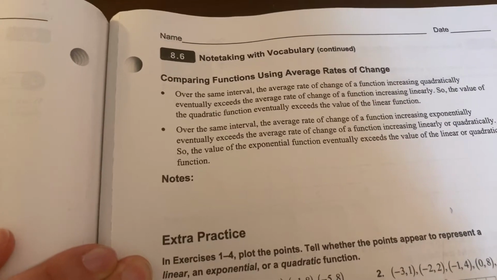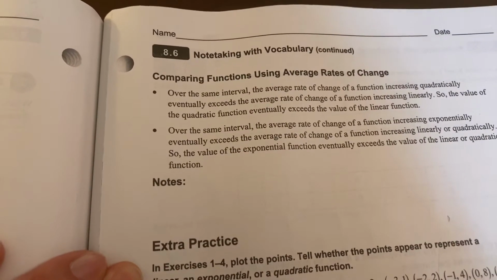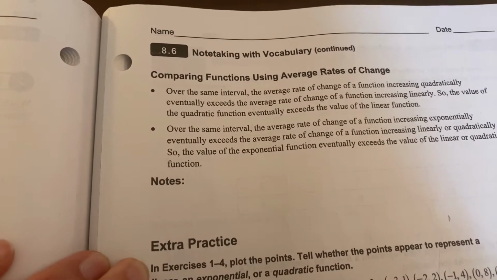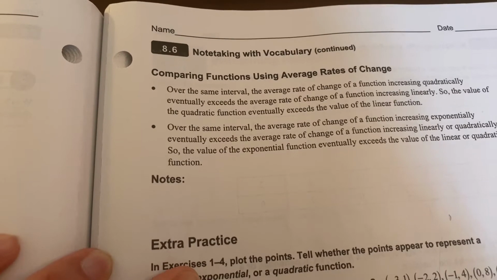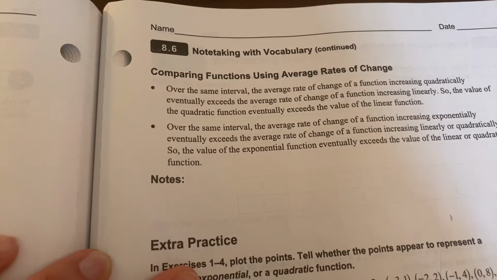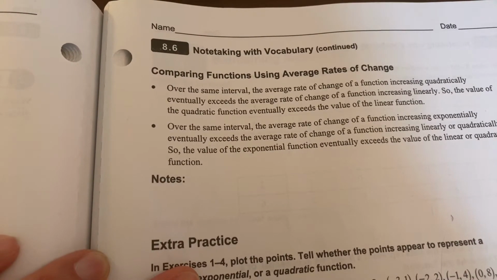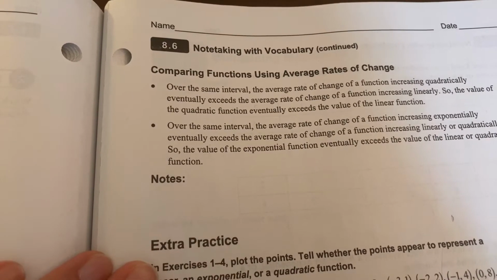And so over the same interval, the average rate of change of a function increasing quadratically eventually exceeds the average rate of change of a function increasing linearly. So the value of the quadratic function eventually exceeds the value of the linear function, right?